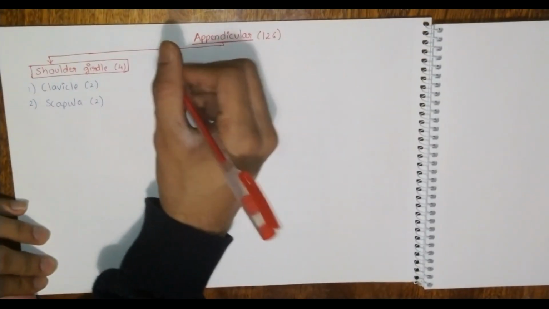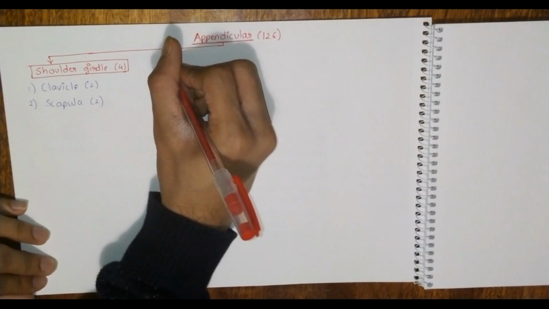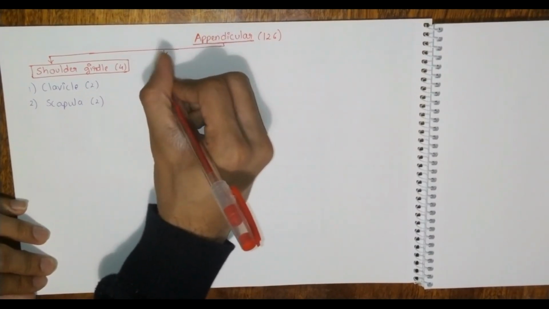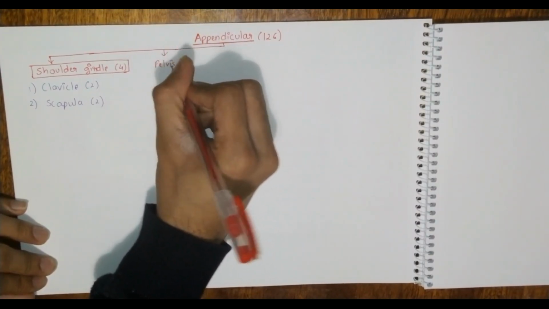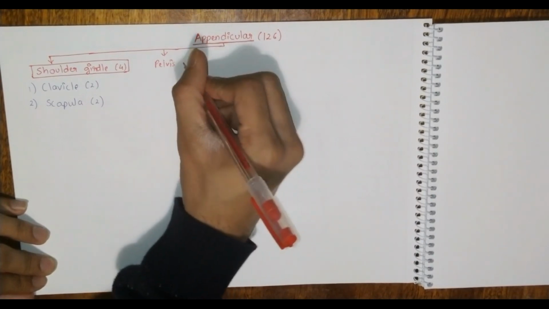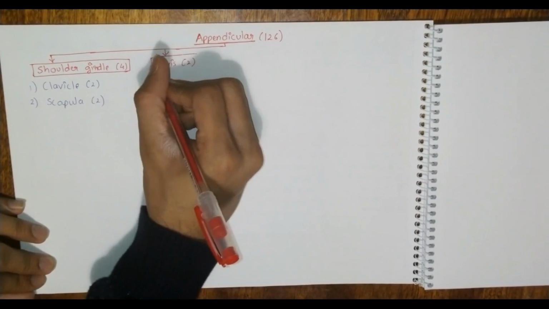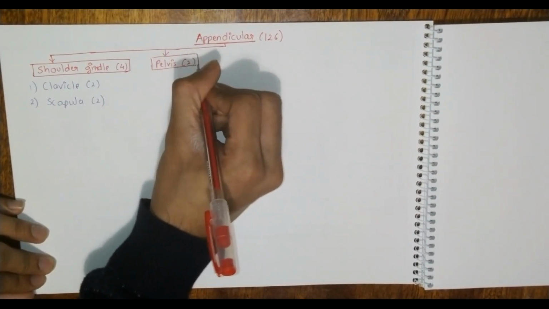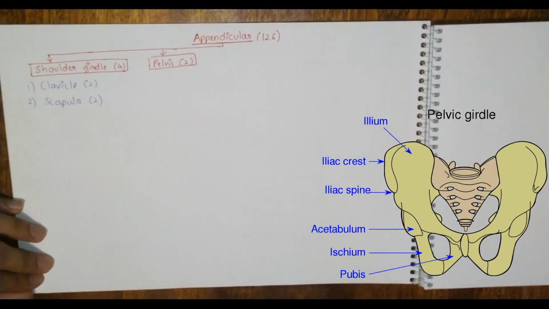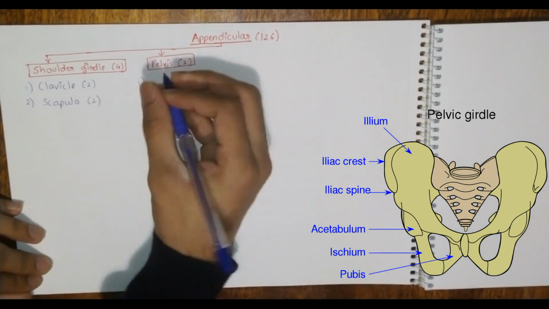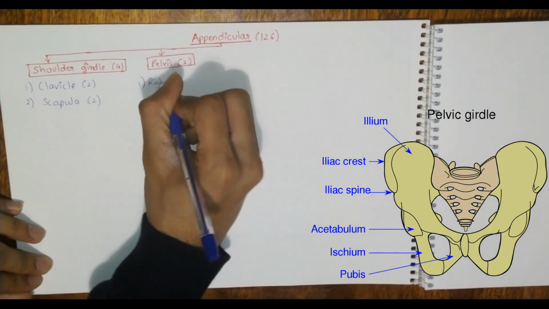The next one is the pelvic girdle, the pelvis, you can say. Now in pelvis there are 2 bones, that is, you can see the right and left hip bone.